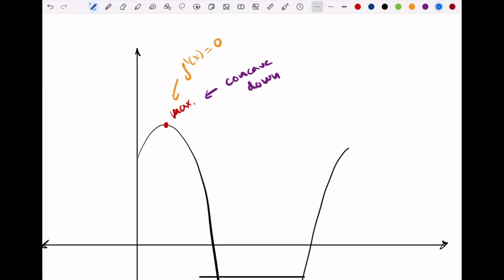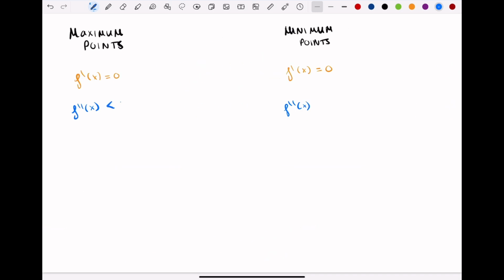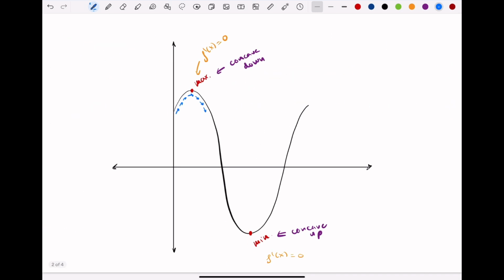And if we look at the maximum point, what can we say about the rate of change of the slope? You can see that here we're decreasing in steepness, and in fact, we're going into the negatives. So over here, as you can see, the slope is decreasing. So what we can say about the second derivative is that it's going to be less than 0 for a maximum point.